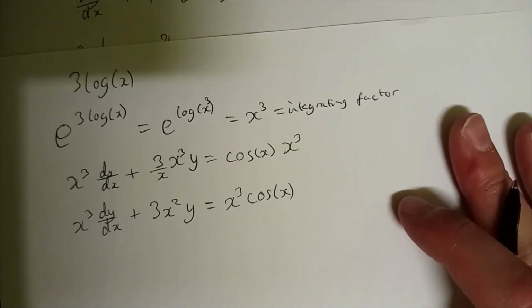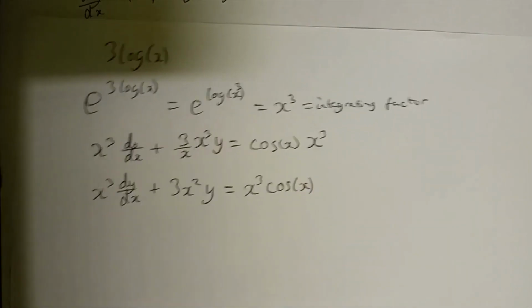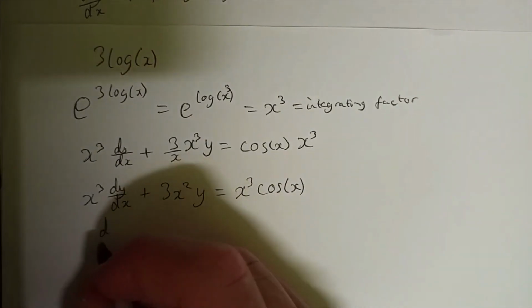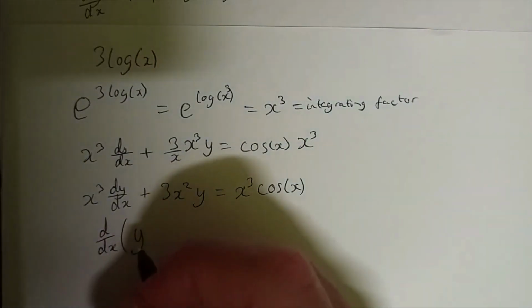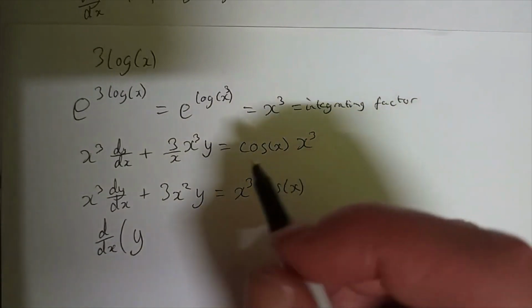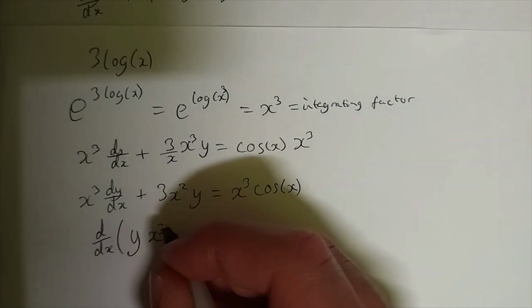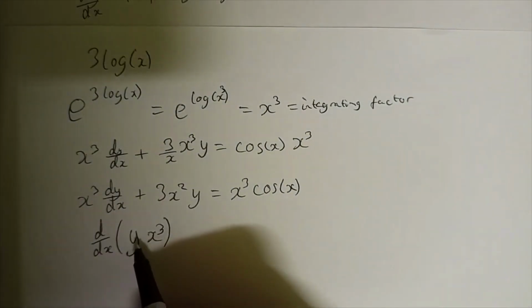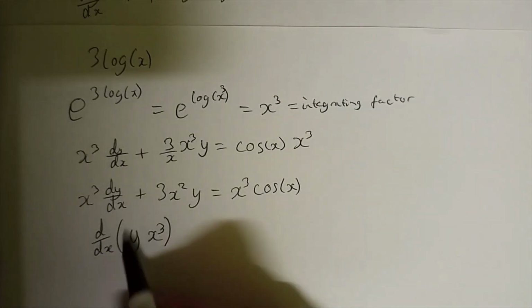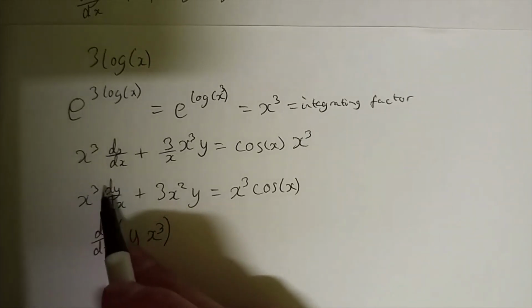Okay, now, once we've done this, we will be able to write the derivative with respect to x of y times our integrating factor, x cubed, as equal to this left-hand side. Using the product rule, if we take the derivative of the first term, we get dy dx times x cubed, which is this term here.